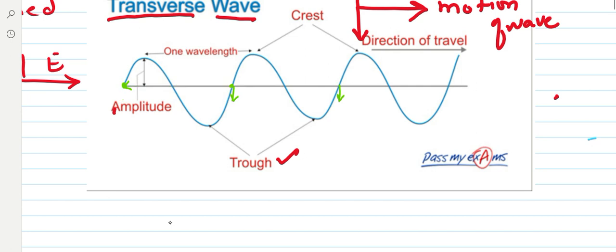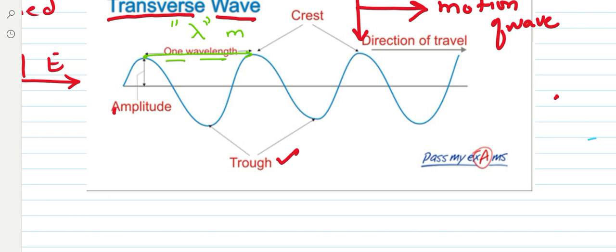So if you are not starting from here but from the topmost point like this, and you go the distance from here to here, then this distance will also be one wavelength. It is represented with the letter lambda and its unit is meter or centimeter, right? So it's just the length.